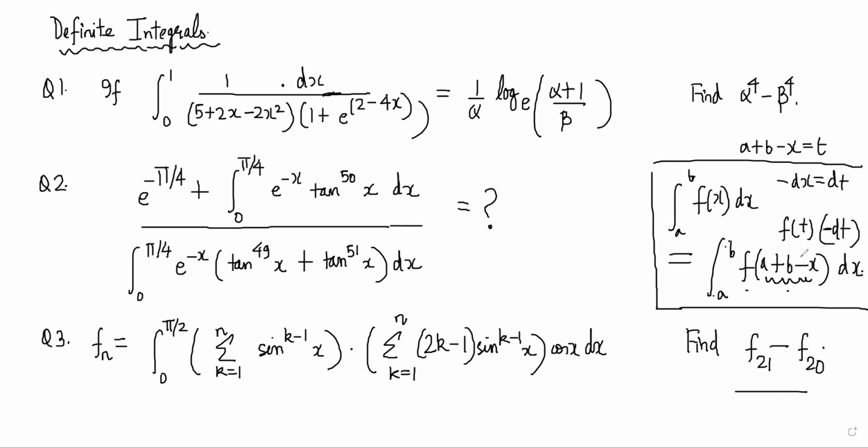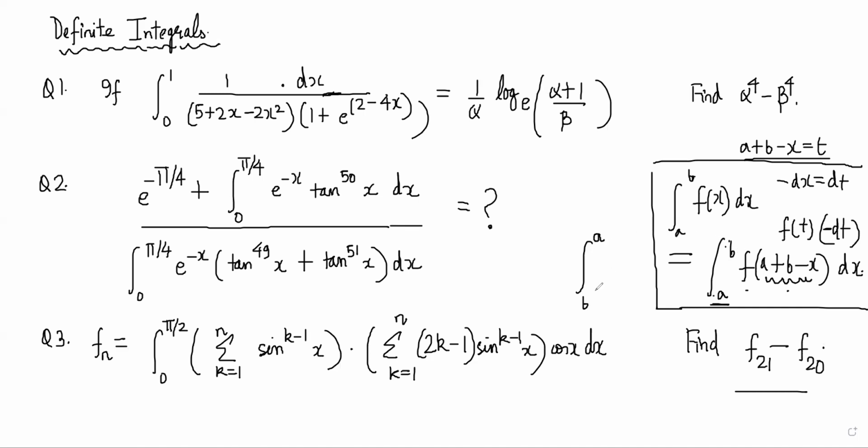When x is equal to a, what is the limit here? T is becoming what if x is equal to a? It is b. When x is equal to b, what is the upper limit? a.